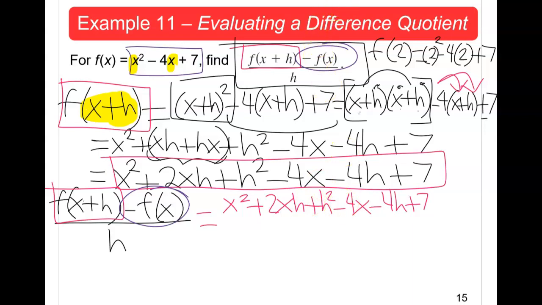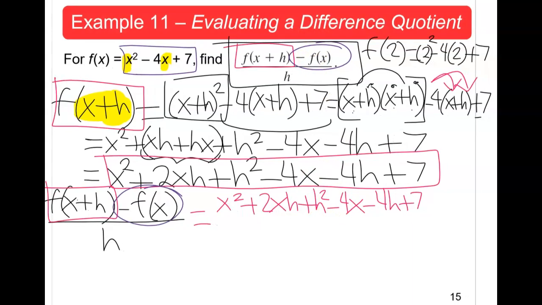So for that, I am going to put a negative sign, and then I'm going to copy the original function. So that is x squared minus 4x plus 7. And then we have everything divided by h.